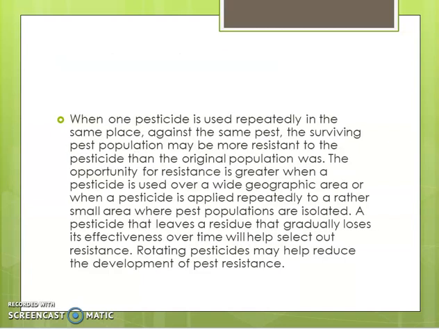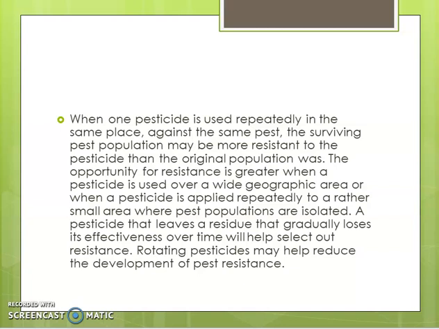When pesticides are used repeatedly in some places against the same pest, the surviving pest population may be more resistant to the pesticide than its original population was. The opportunity for resistance is greater when the pesticide is used over a wide geographic area, and when the pesticide is applied repeatedly to a rather small area where pest populations are isolated.